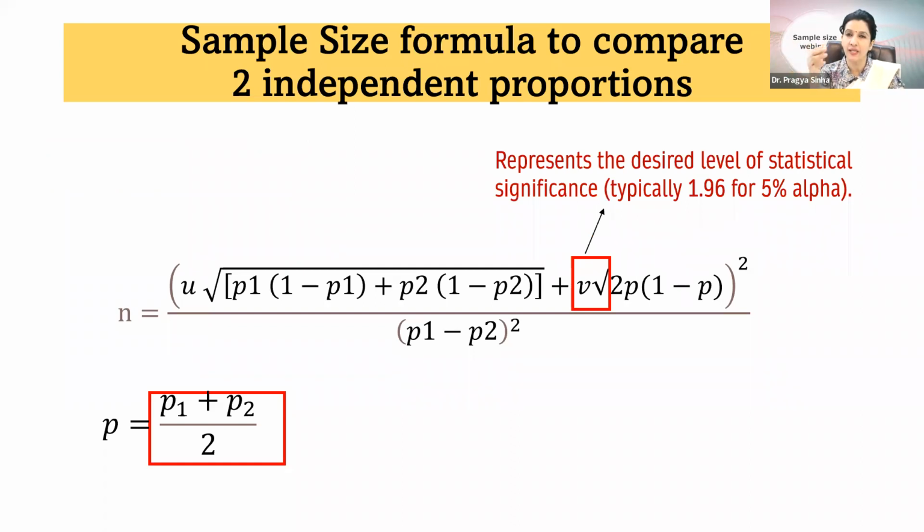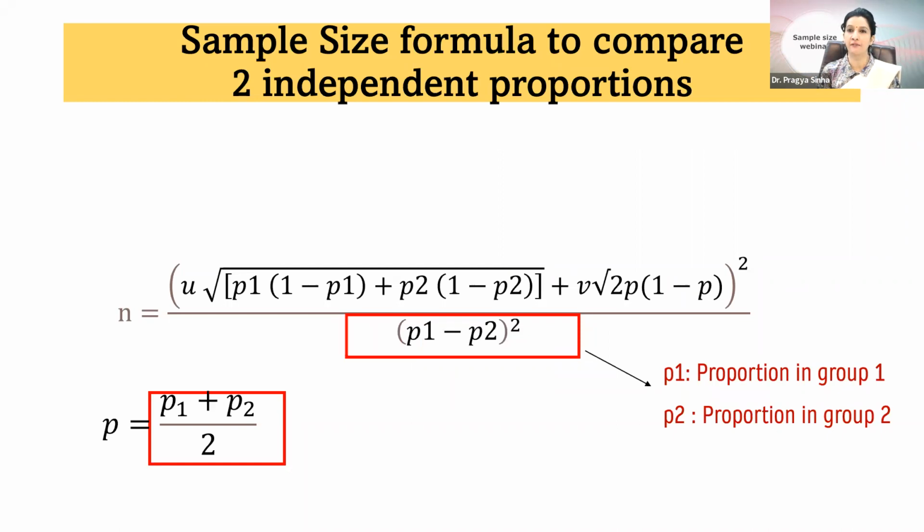That's why in all our formulas, you will see we use U and V. And the reference is Kirkwood, because when we read that book, we found that the look of the formula was a little bit easier as compared to alpha and beta, 1 minus alpha by 2, etc. So this is the formula where P is P1 plus P2 by 2.